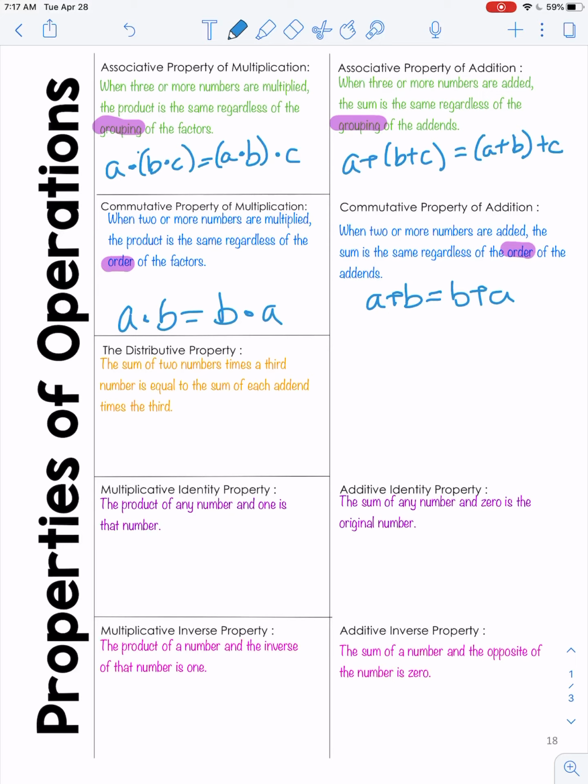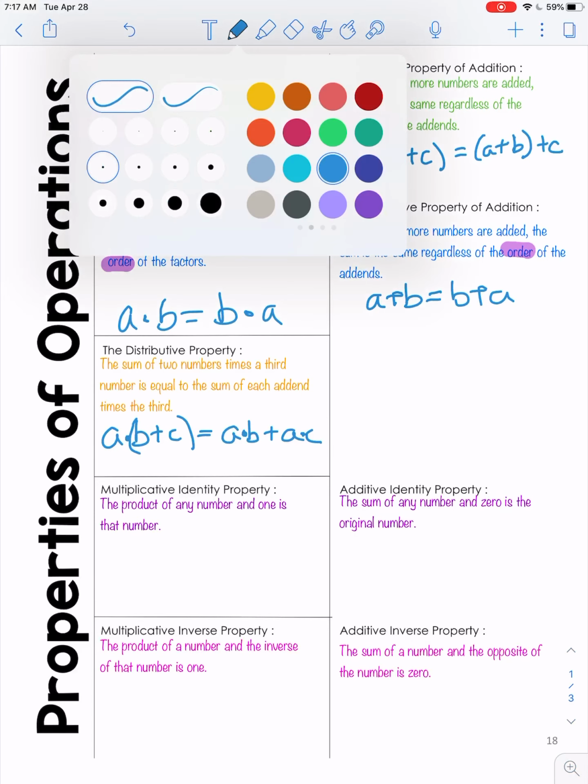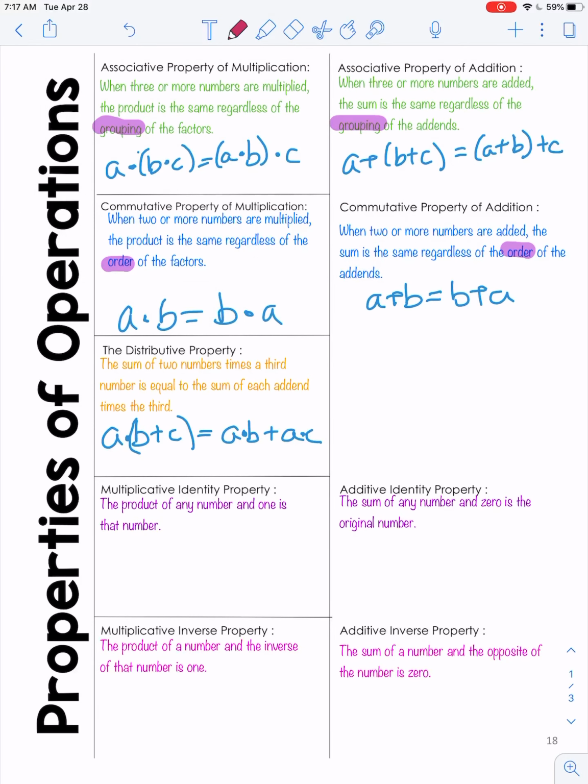So we have A times (B plus C) is equal to A times B plus A times C. So it's saying that we can take that A and we can distribute it to both the B and the C and multiply them before we add them.